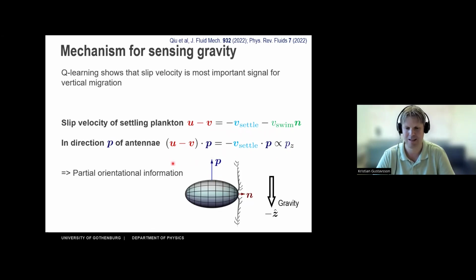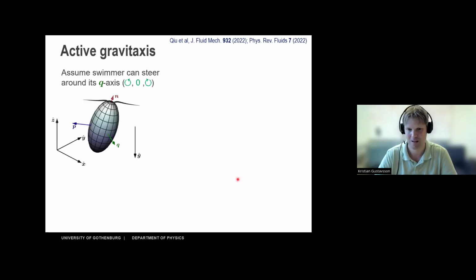So by settling in turbulence, you can get some partial information about the orientation. So if you are a swimmer with your swimming direction or head in this direction, and the antenna in this direction, then since all the hairs will point away from the settling direction, you can determine which direction gravity is.